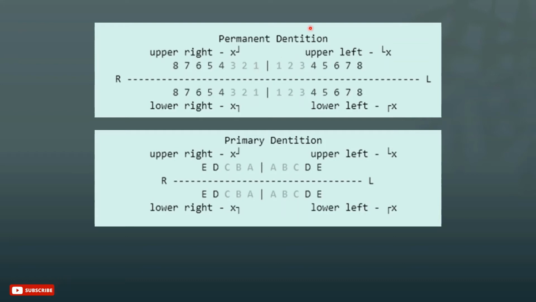Here, Palmer's notation uses the corner symbol to indicate right or left sides, upper or lower arches. And for the primary dentition, it uses the letters A to E for the teeth in each quadrant, and again uses the corner symbol to indicate right or left sides, upper or lower arches.